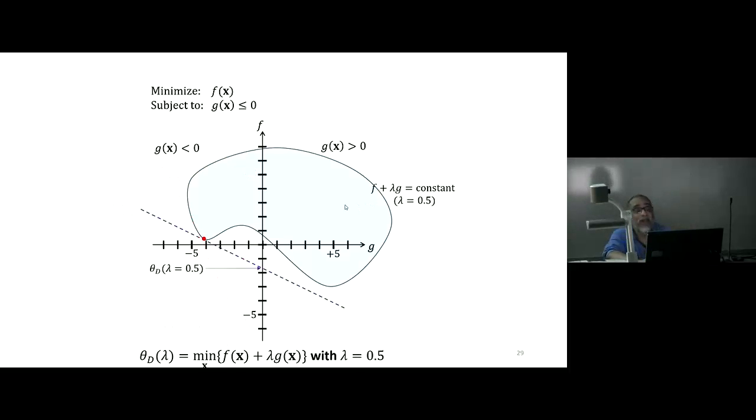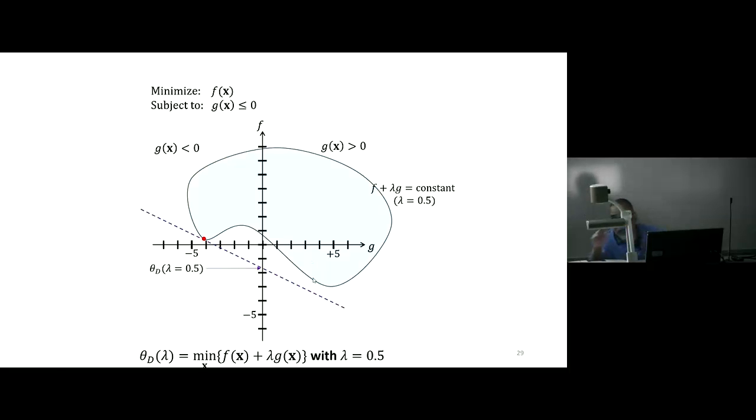So how do we get theta d of lambda? Lambda is given. How do we obtain theta d of lambda? We draw a straight line with slope negative lambda that's tangent to this range, the blue region.